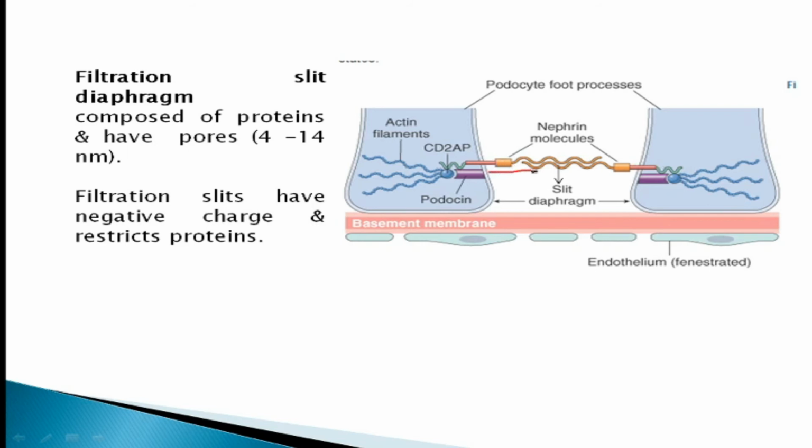This complete diaphragm is known as the slit diaphragm. Now this filtration slit diaphragm has small pores, and these pores are about 4 to 14 nanometers in size. And the filtration slits also have a negative charge, and therefore it restricts proteins.